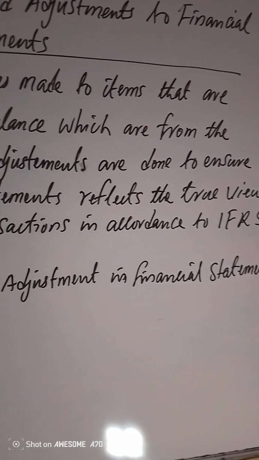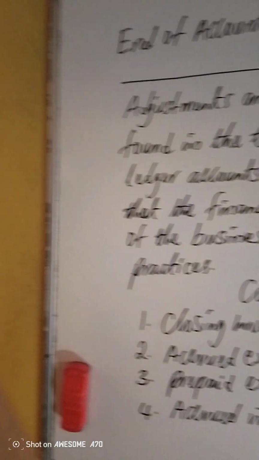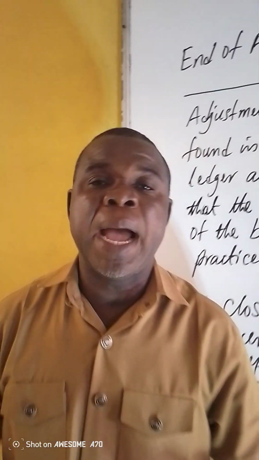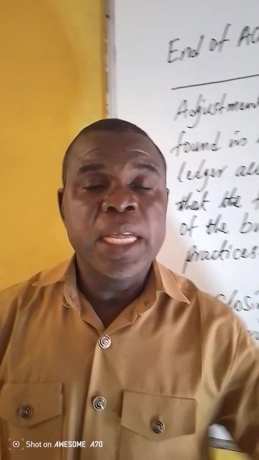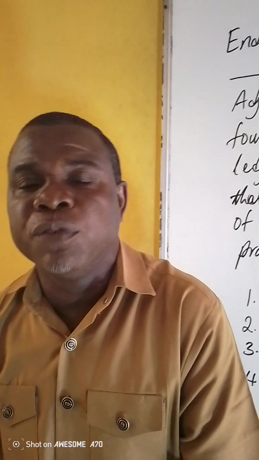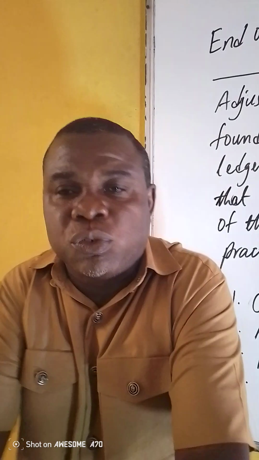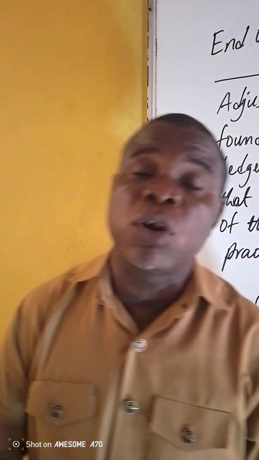And the next one is what is called accrued income. Accrued income is income that is earned by the business at the end of the year but has not been received, or income that the business has already earned by the services it has given to anybody and is expected to receive from such a person or organization, but it has not been received.